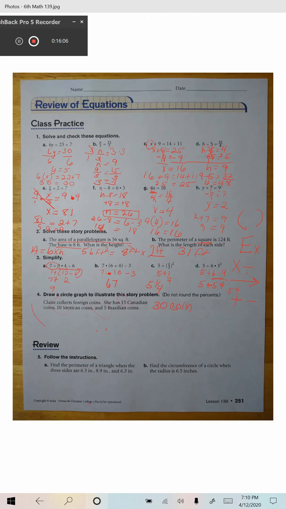And I would really suggest, it might be bigger on your paper than mine. It probably is. But I'd do it on another sheet of paper and just attach it. Okay? So what we have to do is find percents. So the Canadian coins, CA, that looks like California. The Canadian coins are 15 out of 30, right? She has 15 Canadian coins out of 30 coins total.